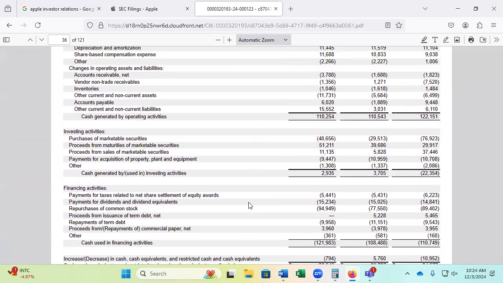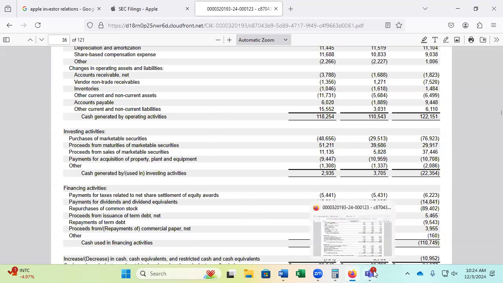But you can see all you've got to do is measure the ins and outs. The tough part is when they sell property, plant, and equipment, we've got to account for accumulated depreciation as well. So we have to work backwards sometimes from the balance sheet.